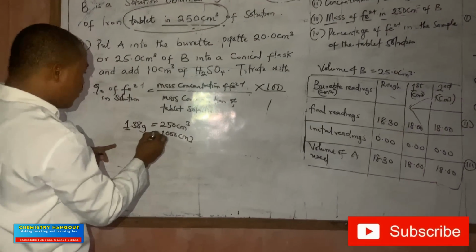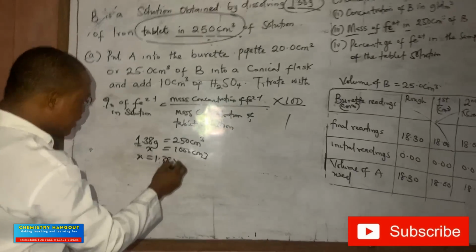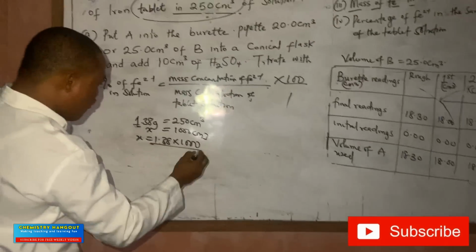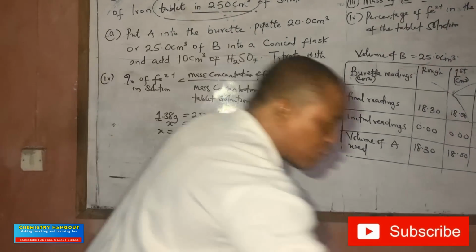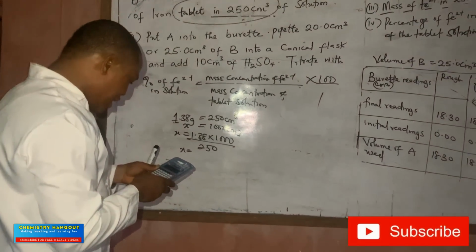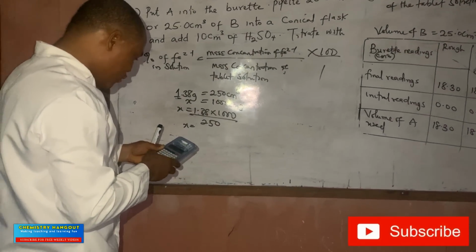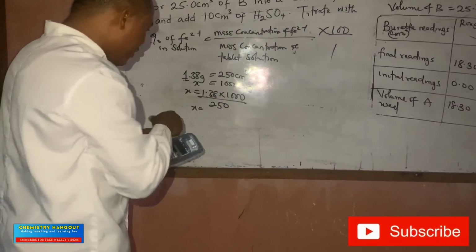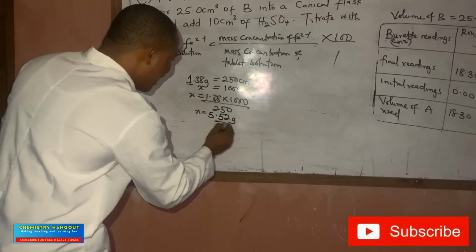So 1000 will be X. So our X will be 1.38 times 1000 over 250. And that will give us what? Let's use our calculator. From there, we have 1.38 times 1000 divide 250. That's giving me 5.52 gram. Do you get that now?